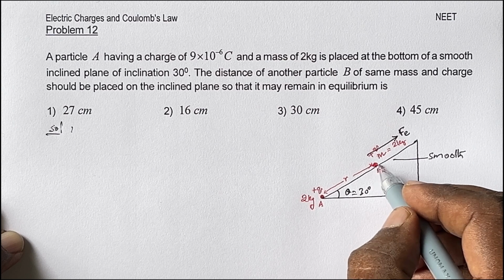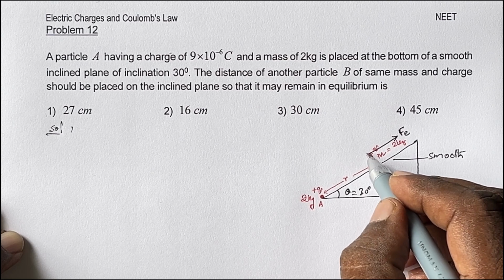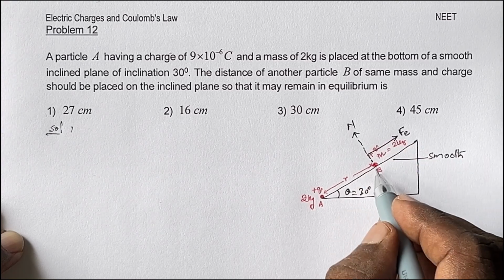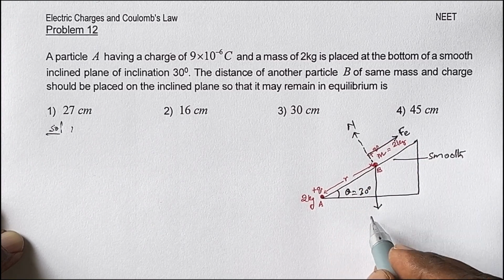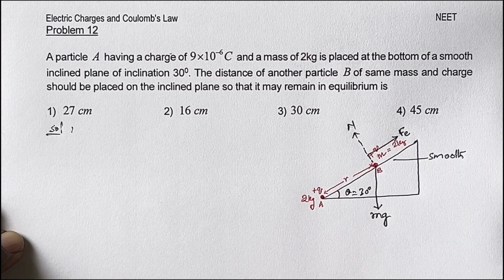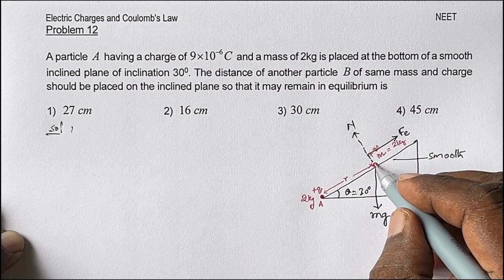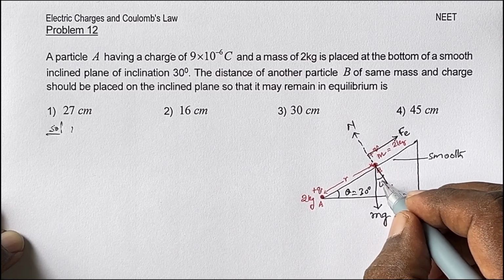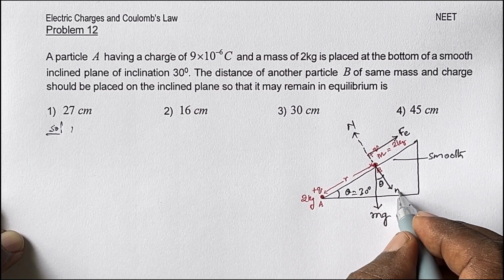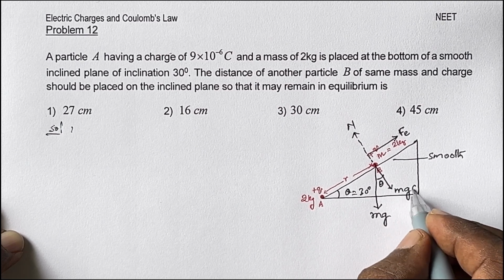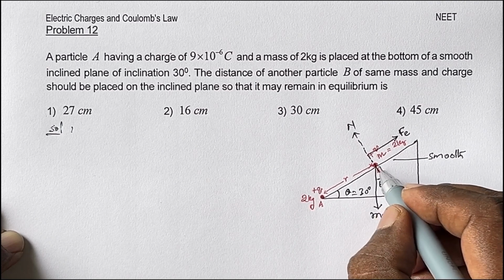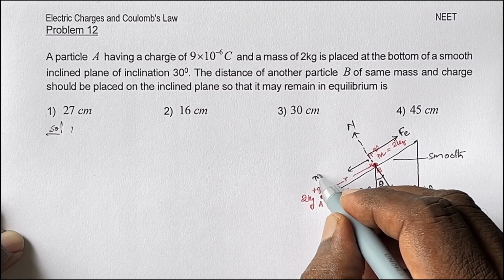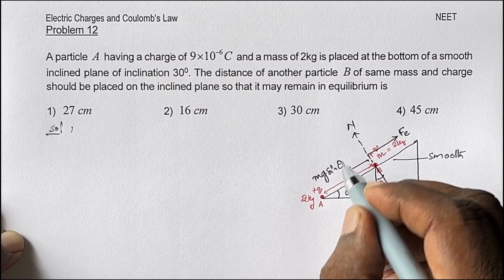Whatever the surface it is lying on, to this surface I draw a normal. Vertically downwards, the weight of the particle acts. This is also theta. This is a component of weight, mg cos theta. So downwards the component is mg sin theta.